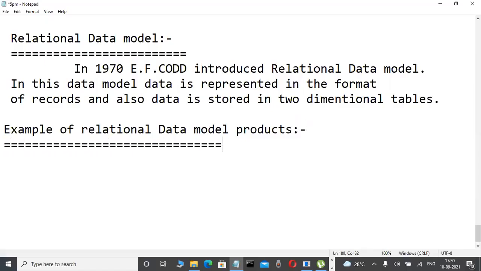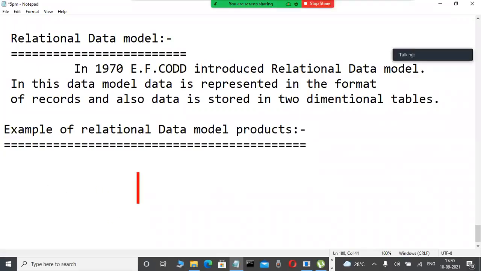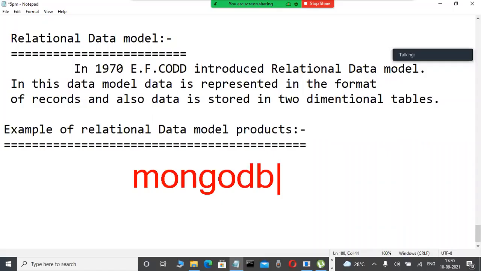Suppose so many fellows nowadays are aware of the term MongoDB. Is MongoDB a relational data model product? No, that is for unstructured data.